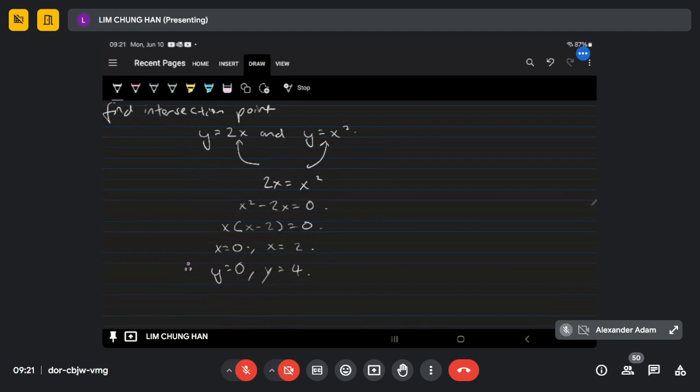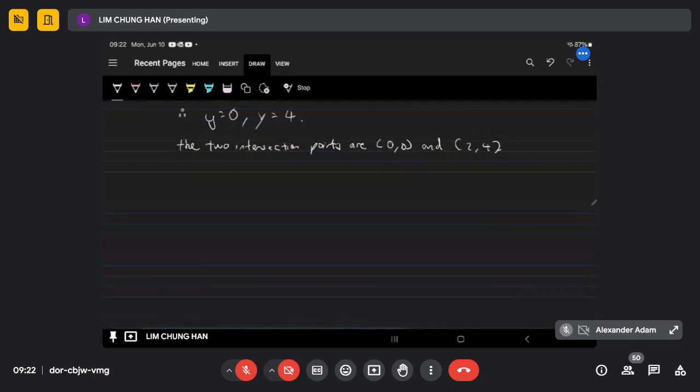So therefore, the two intersection points are (0, 0) and (2, 4). So what that means is, let me redraw it here so that it's clear.